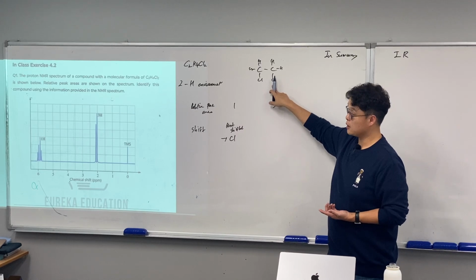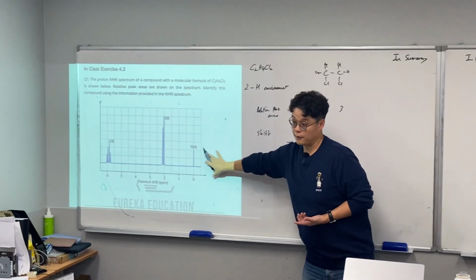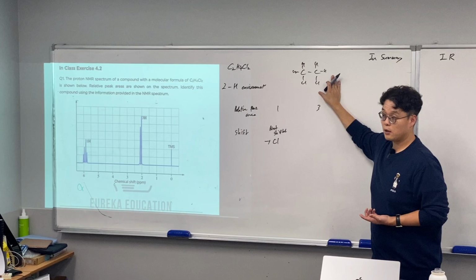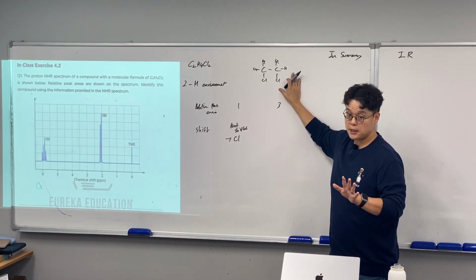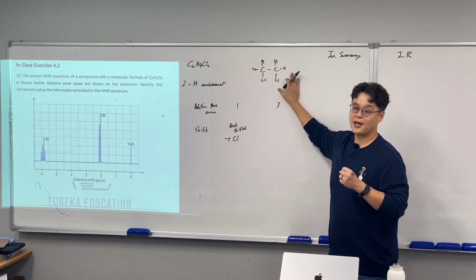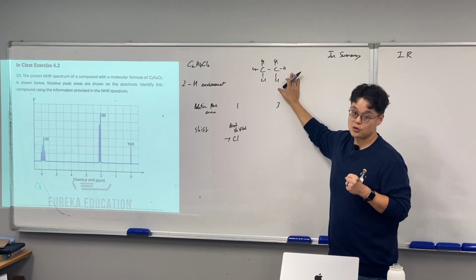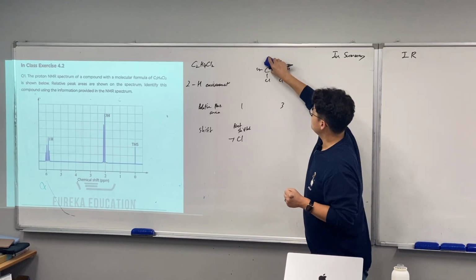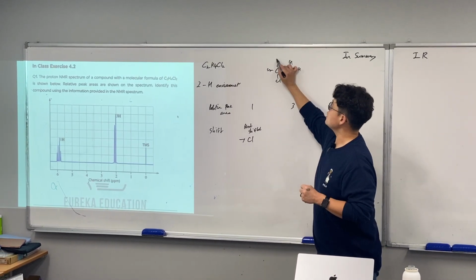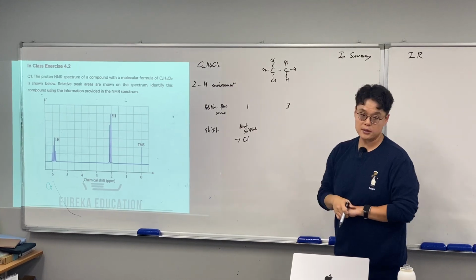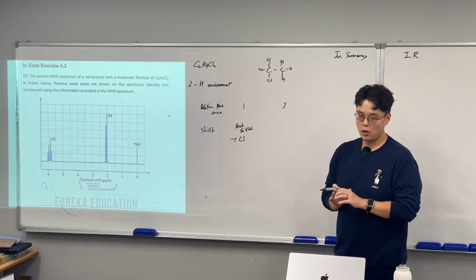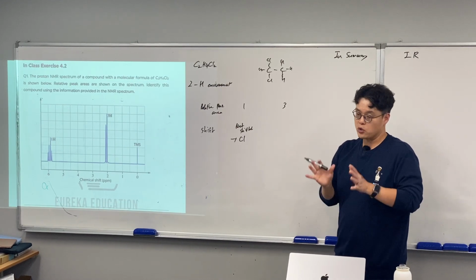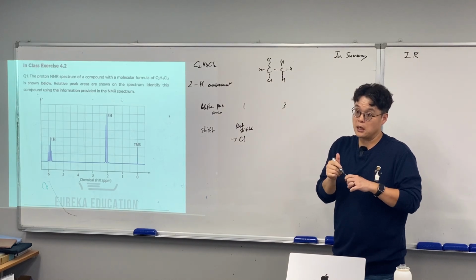Only 1. Can we get this NMR graph from this molecule? No. So this means 1 carbon has both chlorines together, the chlorines in the same house and the hydrogens in the other house. This is the only possibility, so you need to write it down.